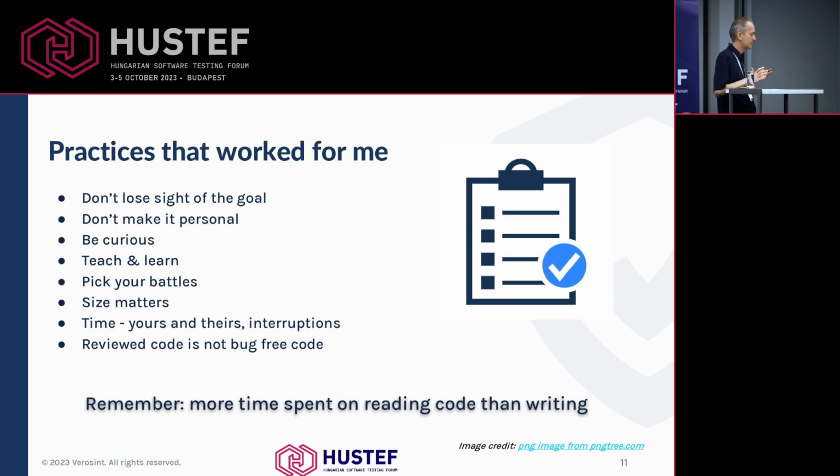All of our goal is to make a better product, right? So don't criticize the person, criticize the code. If you switch from saying you messed this up to saying the code doesn't seem to do this, then you suddenly change the tone. Don't make it personal.